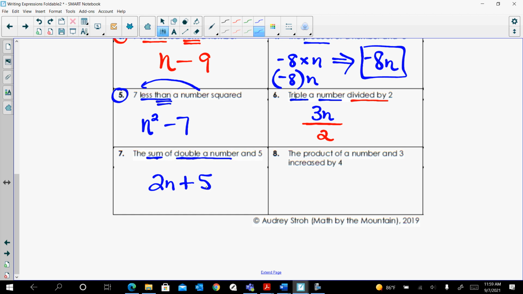All right, try 8. Check your understanding. This is the product of a number and 3 increased by 4.